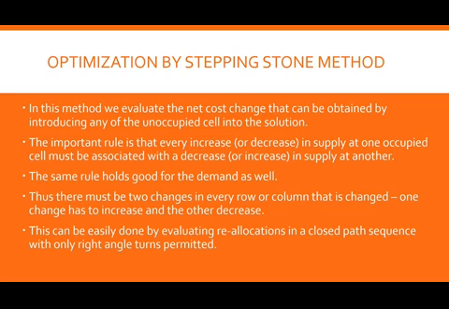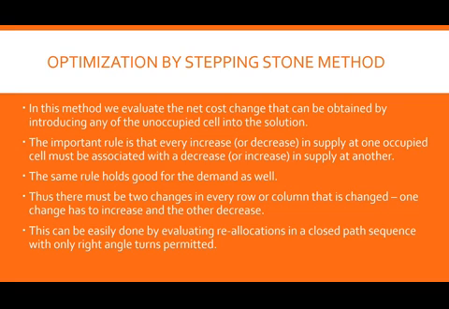See, one important rule that we need to remember all the time whenever we are solving transportation problem is whenever we make a modification in the allocations, you cannot make a change or a modification in one single location.